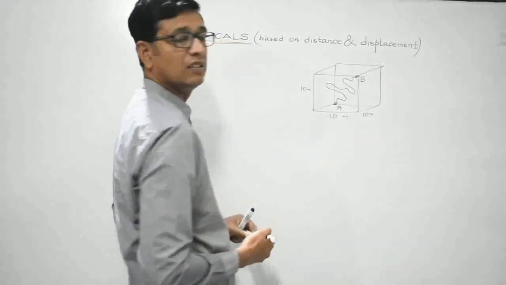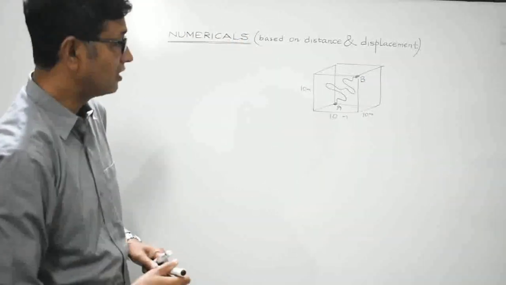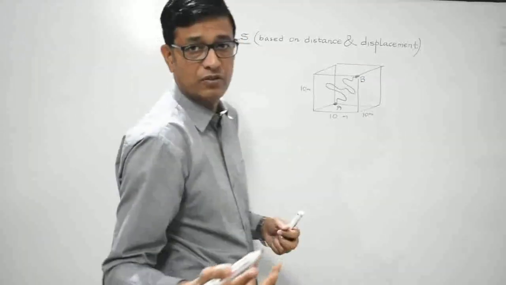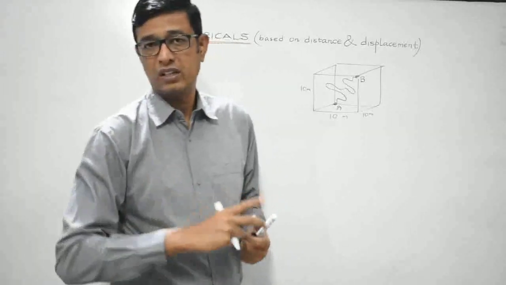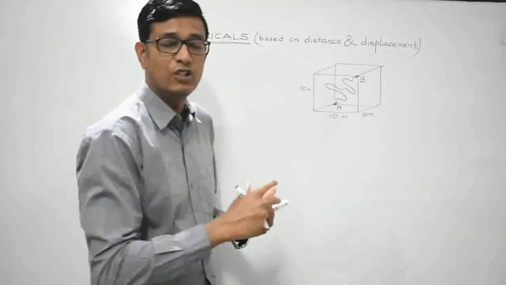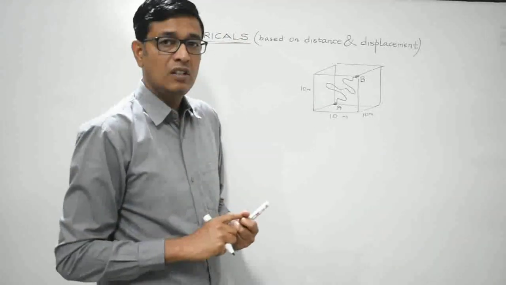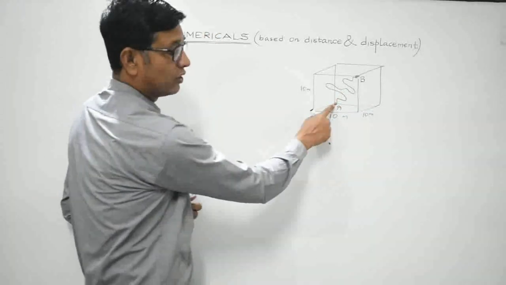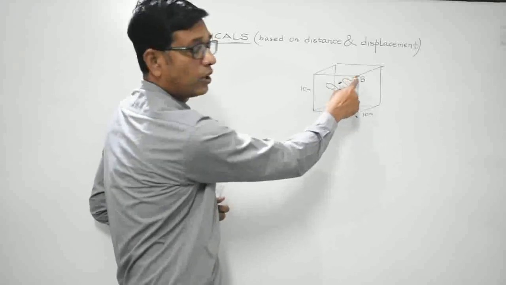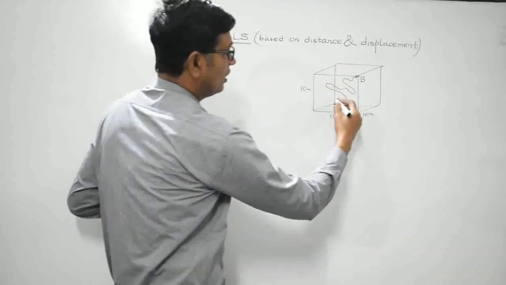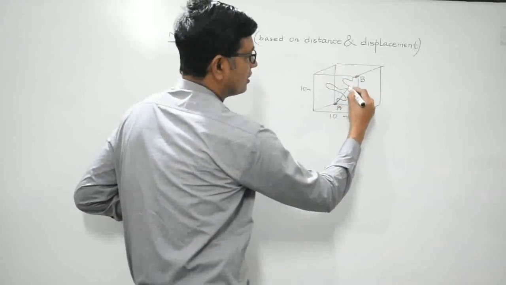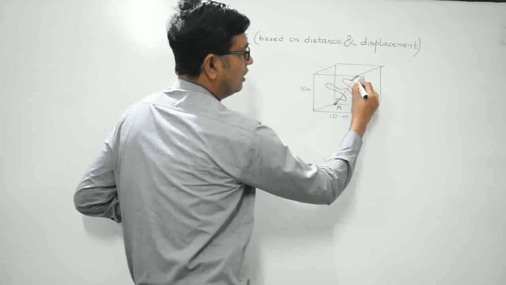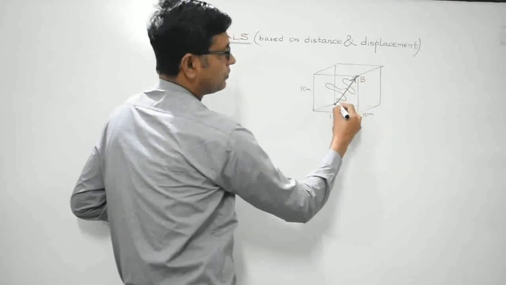In this case, displacement, as we are aware, is a vector quantity, meaning it possesses both magnitude as well as direction, and it is represented by an arrow, the tail of which should coincide with the initial position and the arrowhead should point towards the final position. So this will be the shortest distance in this particular direction. So this will be the displacement.